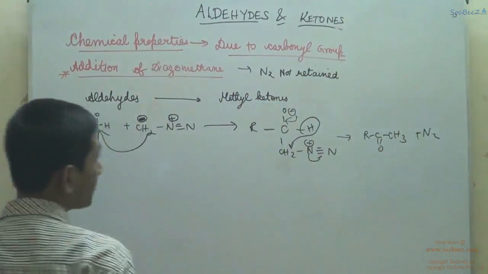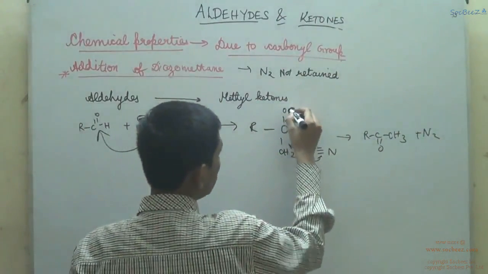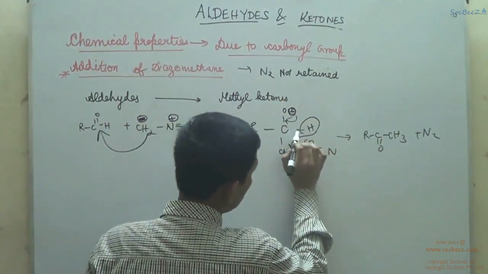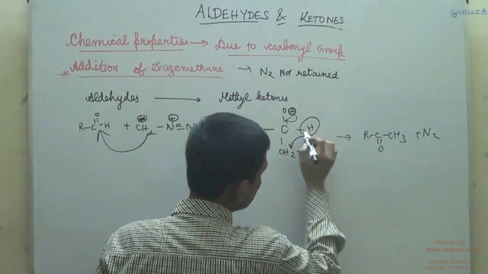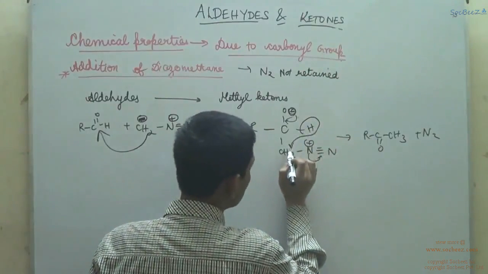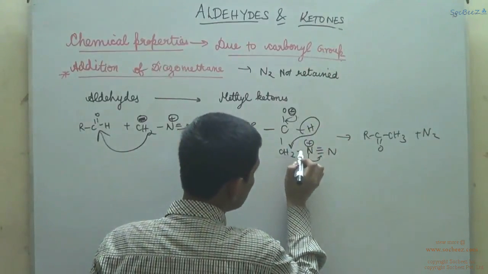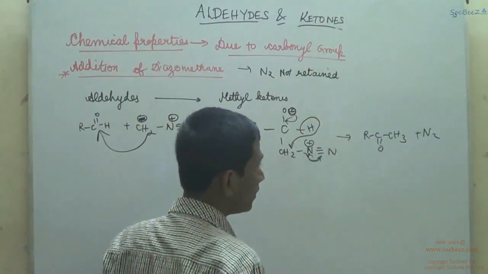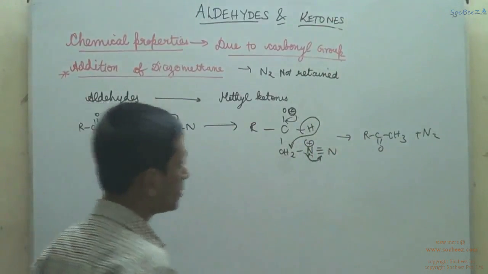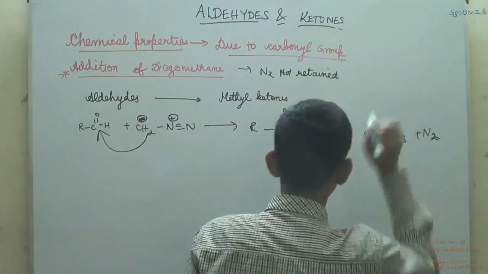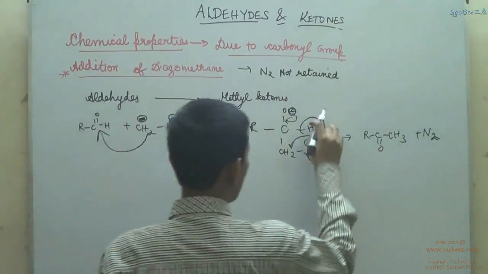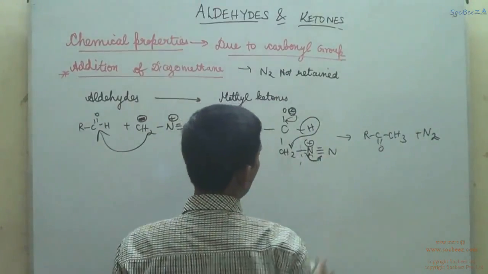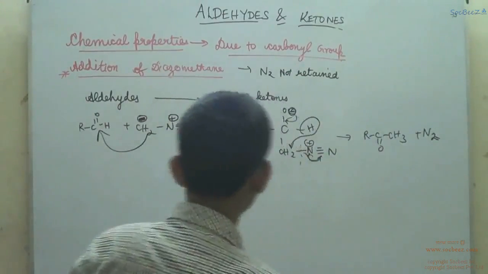I hope it's clear. This O minus comes here trying to form this double bond, causing this hydrogen to leave. This hydrogen goes to here. As it goes here, this bond shifts and leads to the release of nitrogen gas. So this hydrogen shifts to this carbon. As a result, this bond cleaves and nitrogen gas is released.